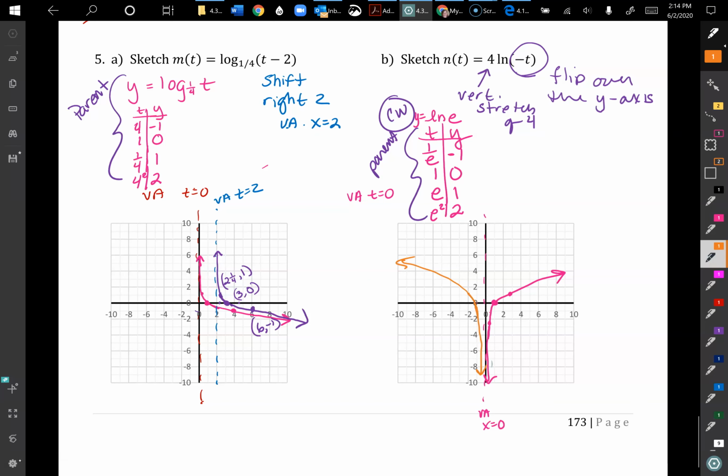And then I'm going to have a vertical stretch of 4, so I'm going to multiply all these y values by 4. So I'm just going to squeeze that in here, and it's going to look something like this, just stretching a little over this way. Whoops.